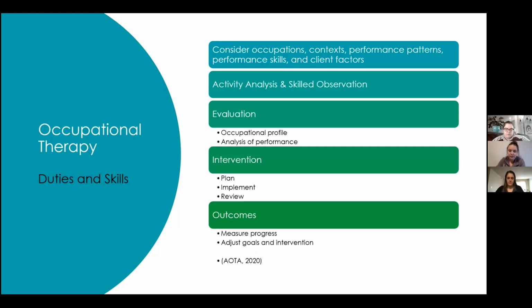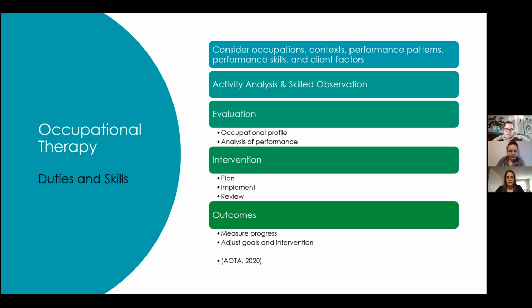When working with clients, OTs evaluate by completing an occupational profile and analyzing clients' performance. Once an intervention plan is created, it is implemented and reviewed, and the outcomes are measured and adjusted as needed. But the main goal is to help clients achieve health, well being, and participation in life through engagements in occupations.